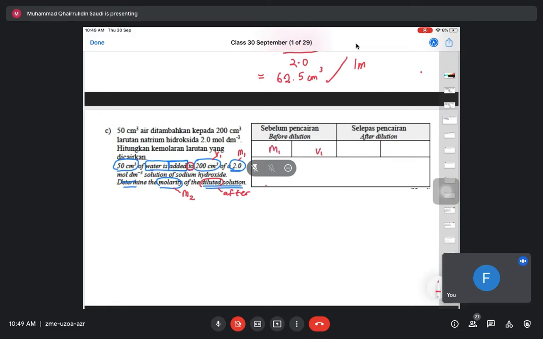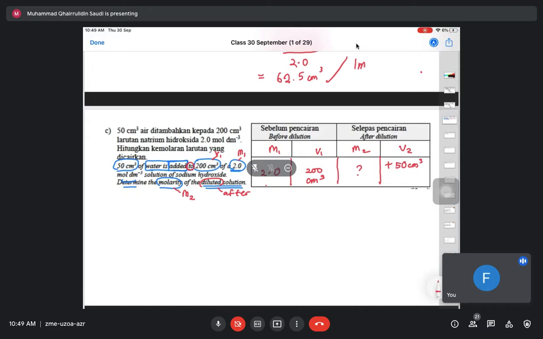M1 is 2.0, V1 is 200 centimeter cube. M2 is the one that we want to find. V2 is not given directly. It just says that they add 50 centimeter cube.